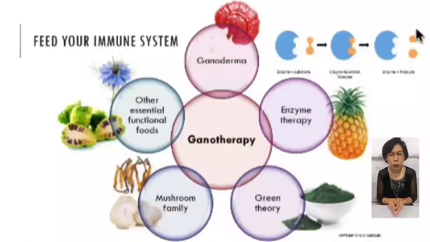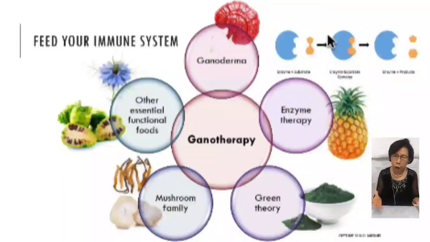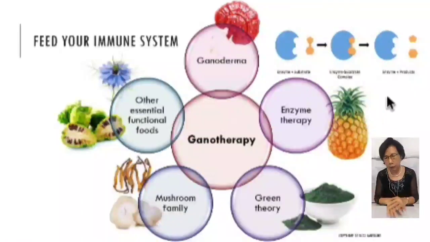Other essential functional foods we have are noni, roselle, and noni morinzi. It contains noni and roselle, which are rich in vitamin C. And in Europe, people are looking for antioxidants like berries.